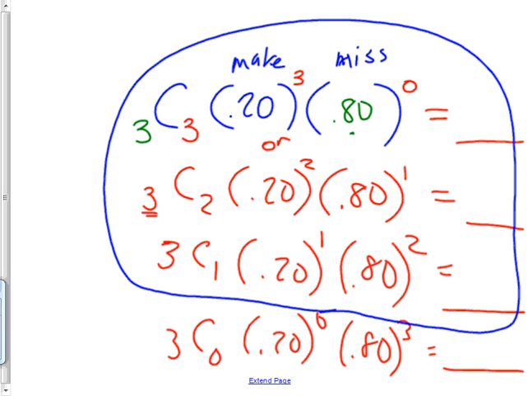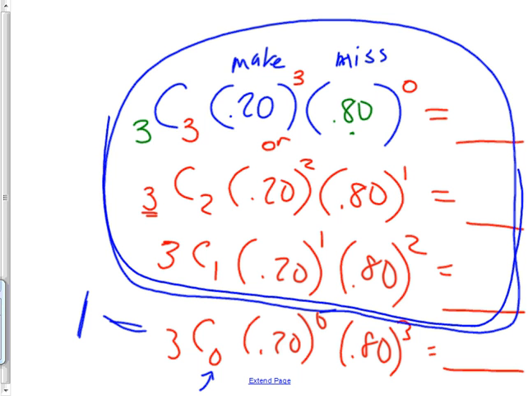I could add those all up to do the probability of making at least 1, or I could do 1 minus this, because 1 minus it means not making 0, which is the same as at least making 1. So this one's a pretty easy one to do compared to figuring out all of these and having to add them up.